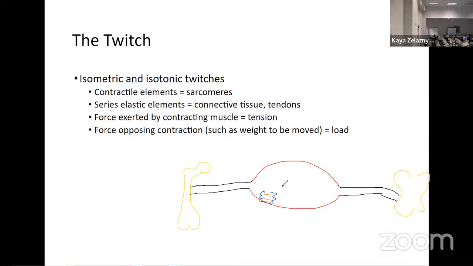And when we think about the tension we're creating in our muscle, we usually want to know what's the force that we're working against. So we're going to have a force that opposes the contraction too, like something we're trying to lift, something we're trying to push. So there's also a force at the end of the muscle, which is our load.